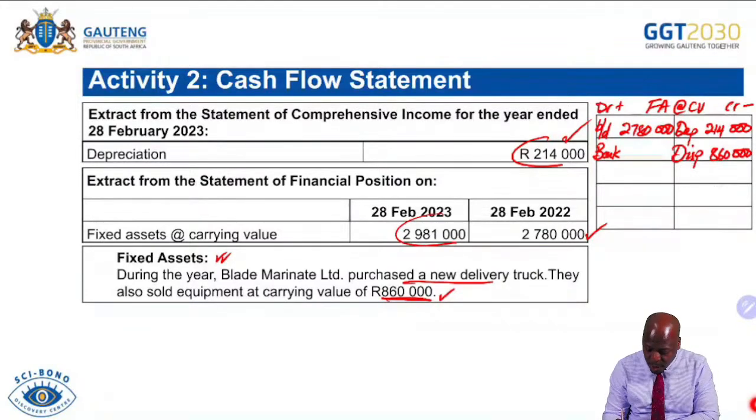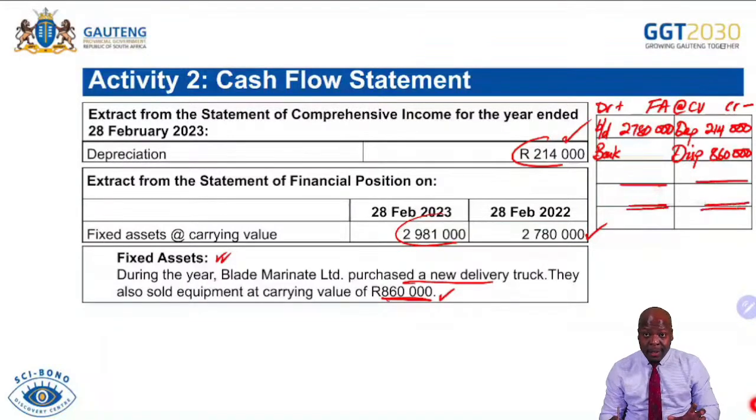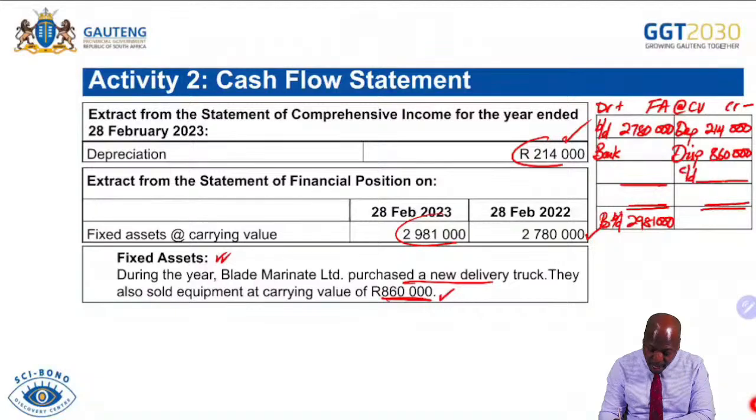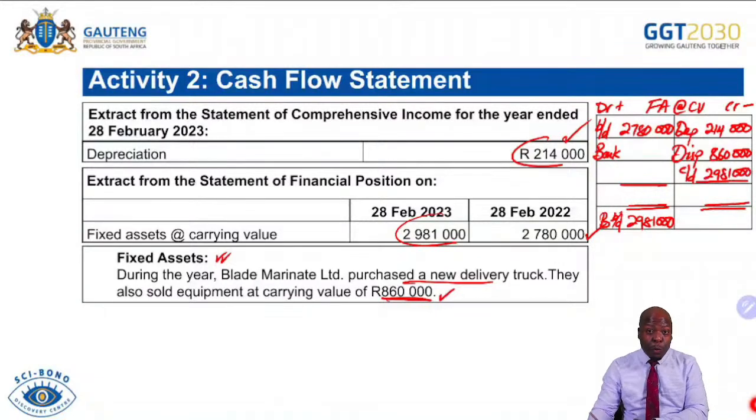That simply means we come to that part where we see the double lines. With double lines, asset, debit balance, that means my balance is here. BD, that is going to be your 2,981,000 over there. That means on top here it becomes carried down, 2,981,000. Are you still following me?